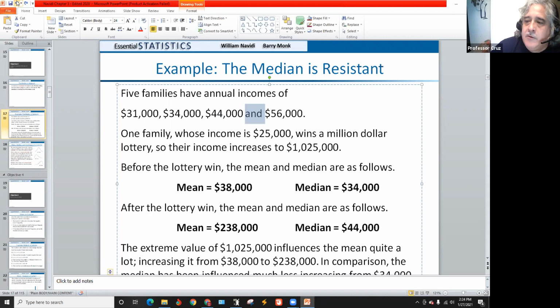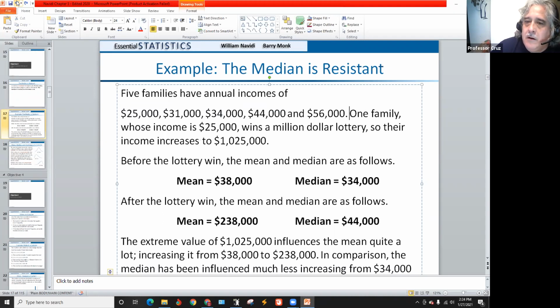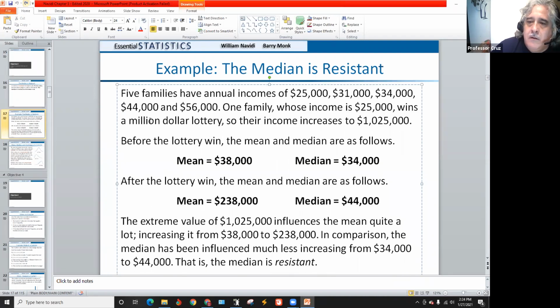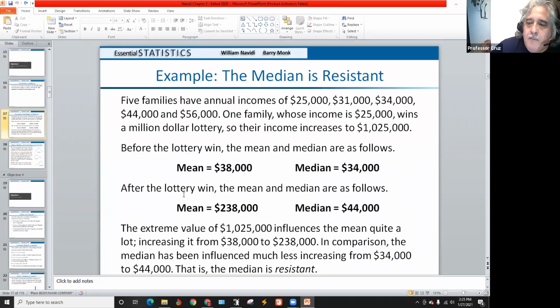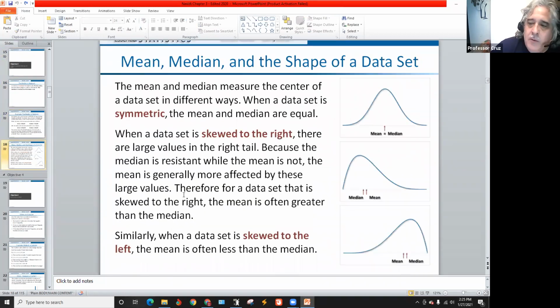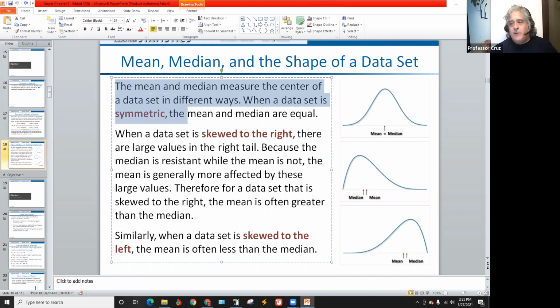I'm going to put all this back the way it was. Okay. So that's what we mean by resistant. Now, on normally distributed data, I'm sorry, they don't call it normally distributed.